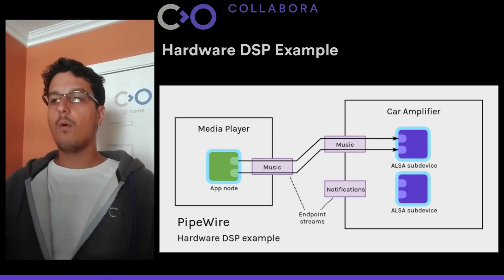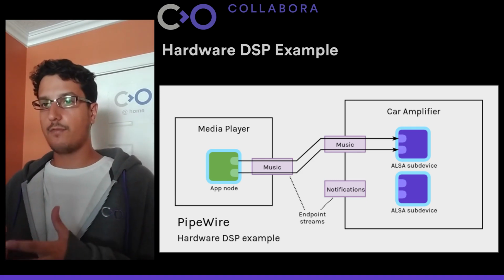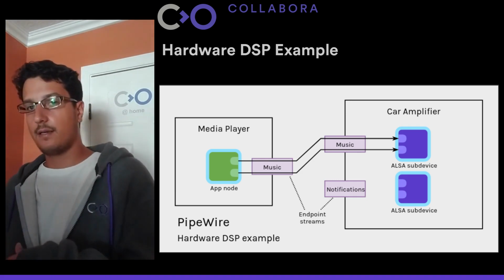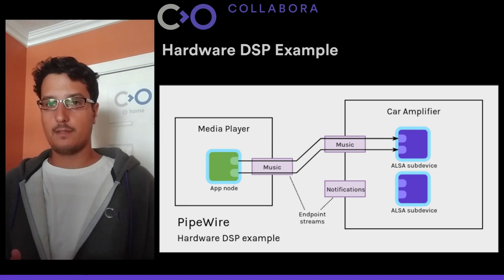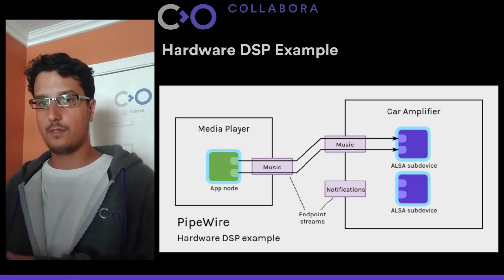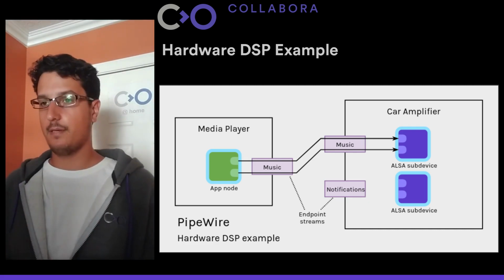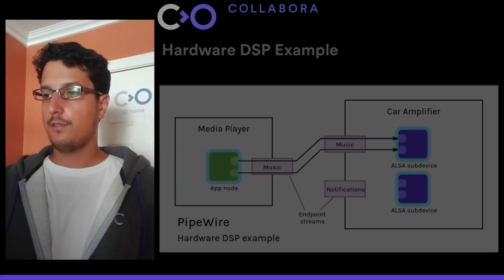You can wrap all of this logic into an endpoint, and defining the logic for desktop and for embedded would be the same, because the implementation of the endpoint is not important when linking endpoints.